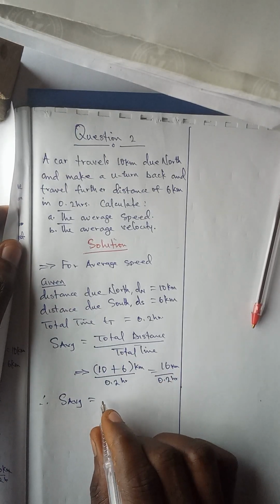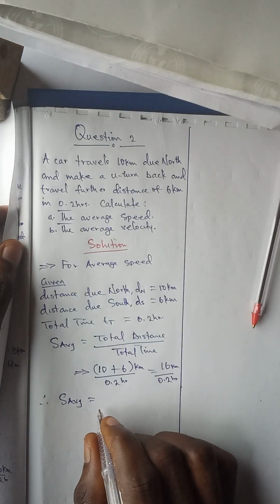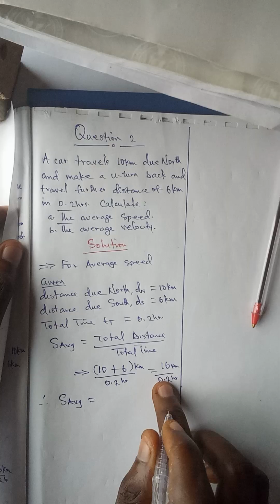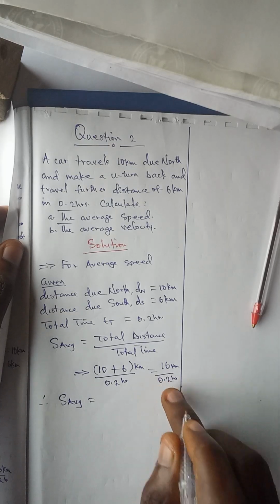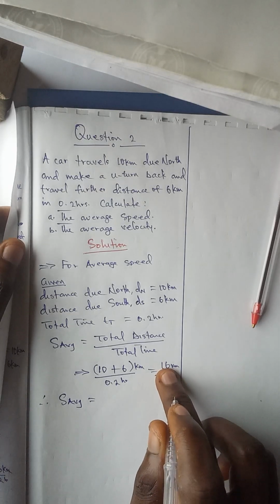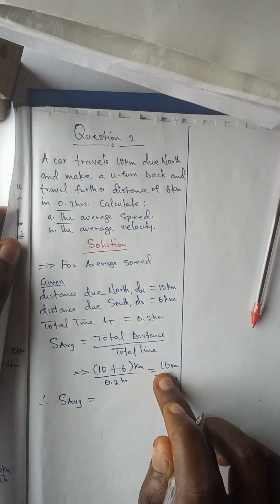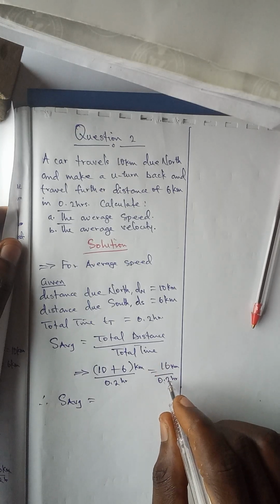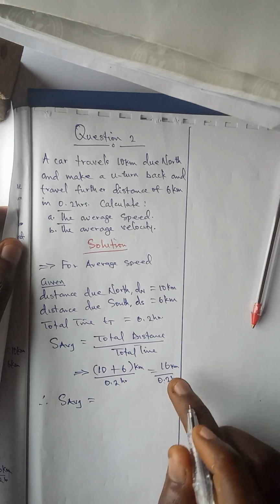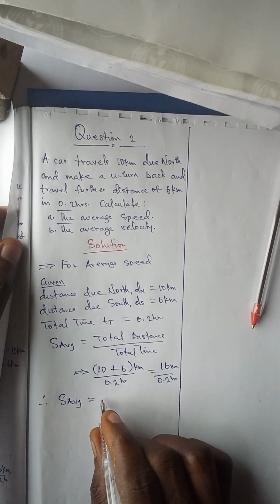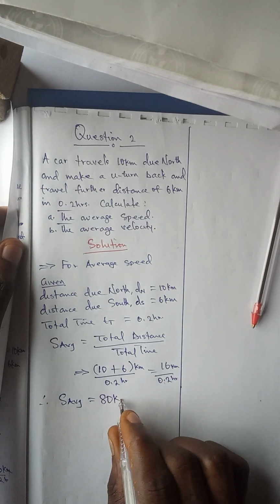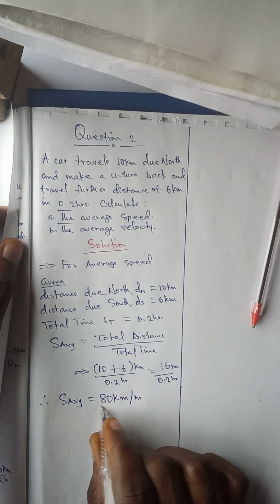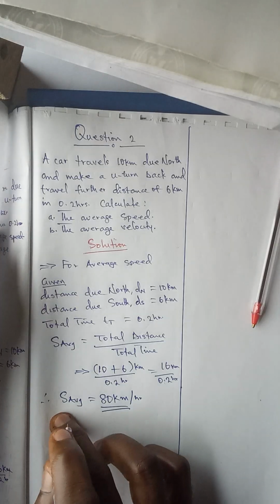If you use your calculator, 16 divided by 0.2 gives 80. That is 80 kilometers per hour. That's my average speed.